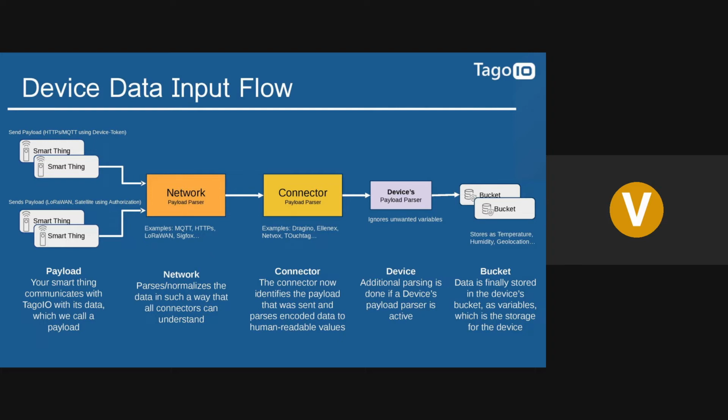And if you need to update this payload parser for some reason, it just starts to get very messy with different devices that you need to update to make sure all of them have the same version of the code. So usually you don't want to have a payload parser in your device. You want to have a connector. So that's what I will be explaining in this webinar.